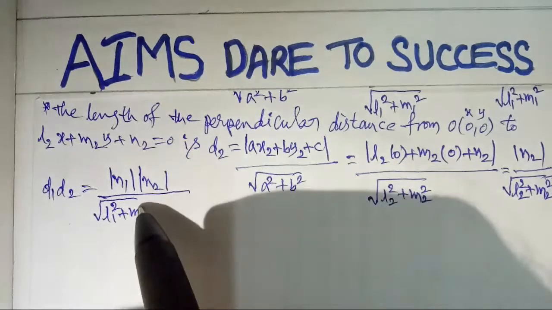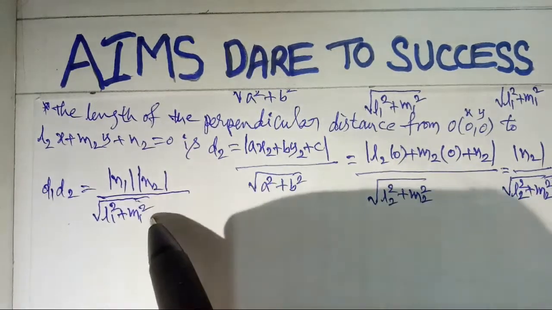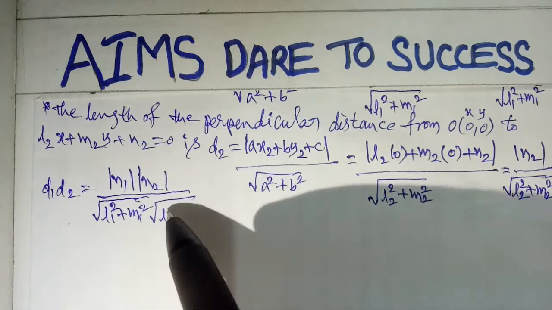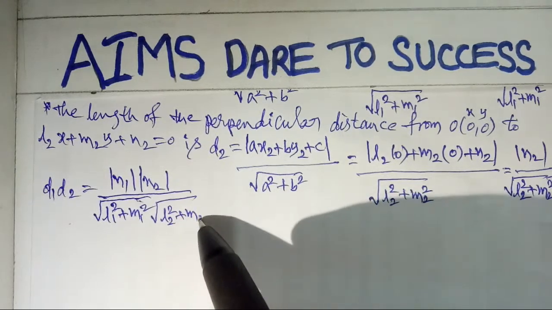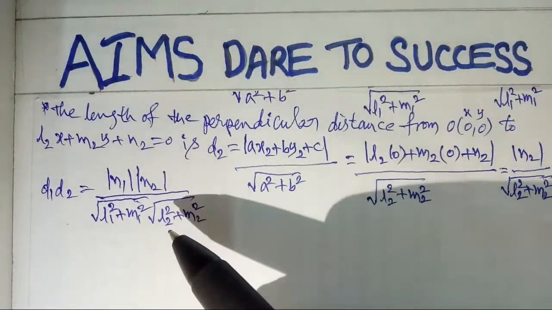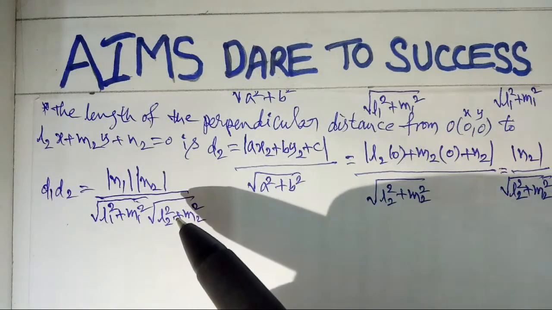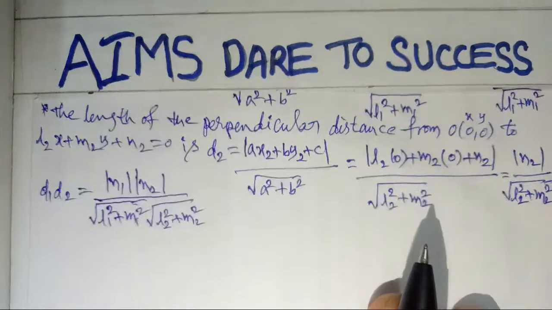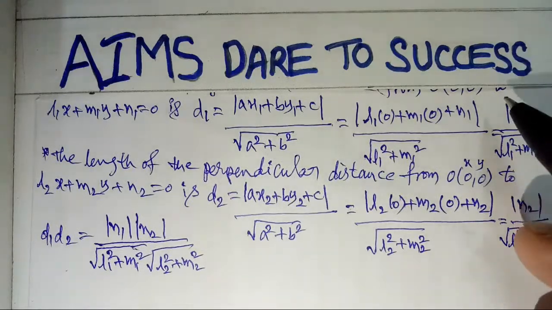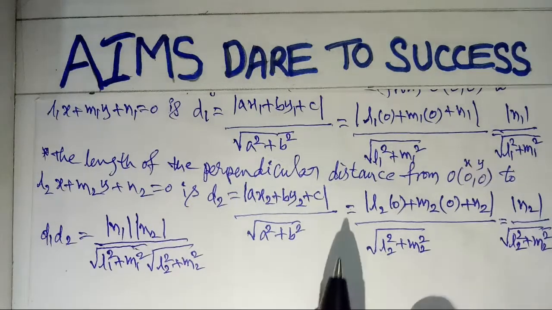Root L1 square plus M1 square into root over L2 square plus M2 square. At a time you can multiply numerator to numerator values, denominator to denominator values.